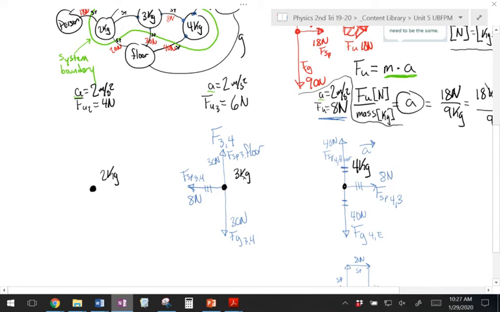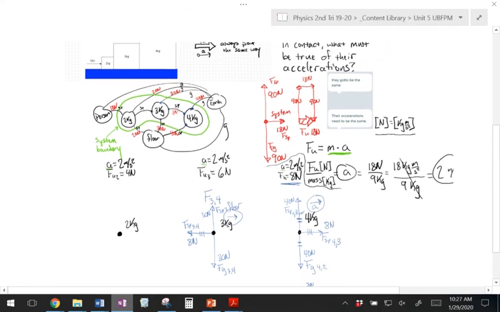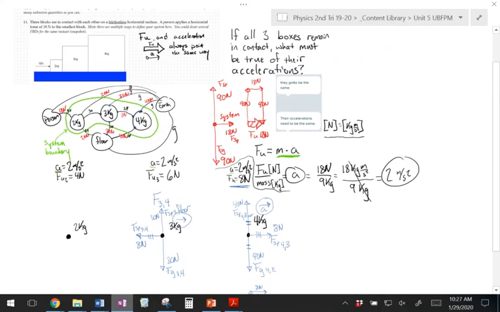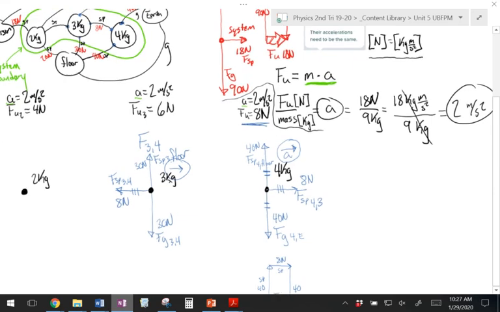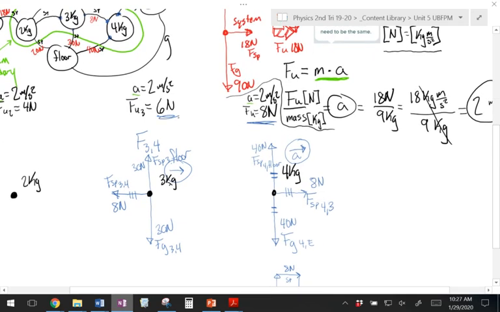Keep in mind, we already said the acceleration is that way, and they all have to have the same acceleration. So I need an acceleration that's that way. Keep in mind, we said that FU and acceleration point the same way. How do I get the right amount of FU pointing in the right direction?